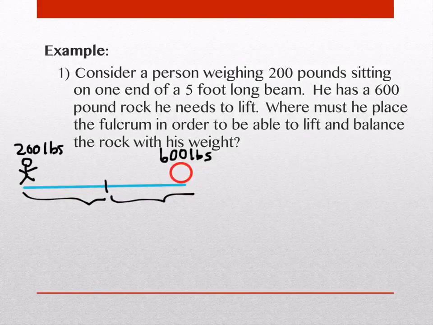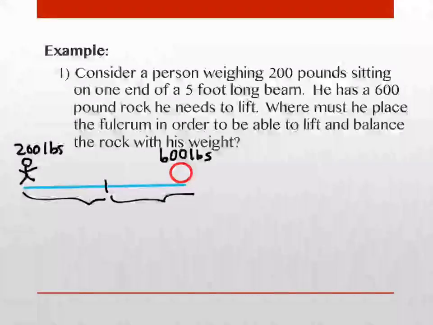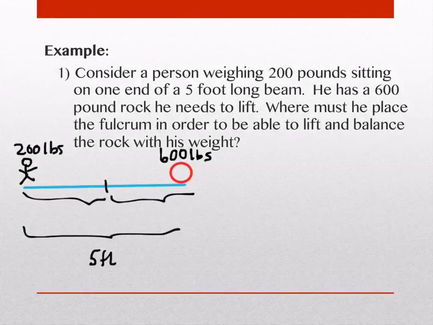Obviously, it's not halfway because they're not equal weights. You guys with me? It tells you that the full length of the beam is actually 5 feet. That was one more piece of information. Did I get everything written down?